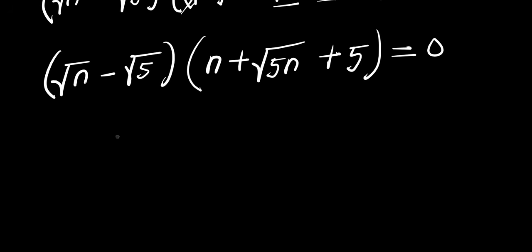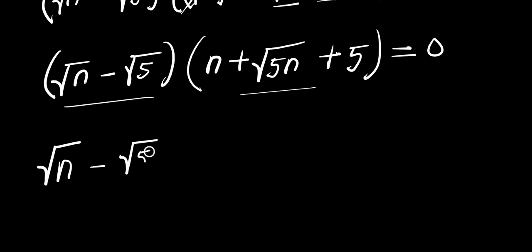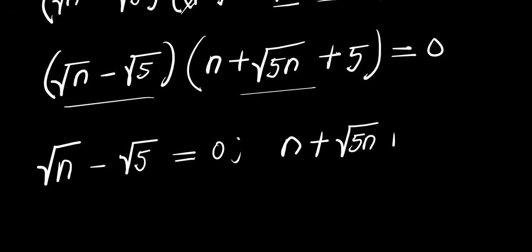So from here, I equate this and this to 0. Square root of n minus square root of 5 equals 0, equation 1. n plus square root of 5n plus 5 equals 0, equation 2.